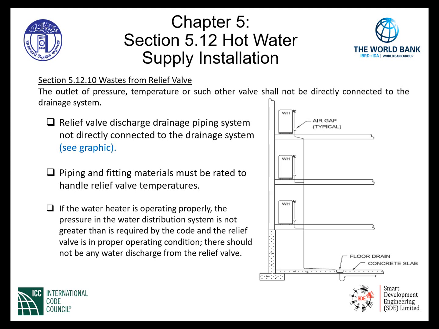If we follow along on the very top level of the building, we have a storage type water heater with a temperature and pressure relief valve, and the discharge pipe indirectly drains by means of an air gap into a drain. The drain then goes through the floor and picks up the water heater TNP drain from the second floor.